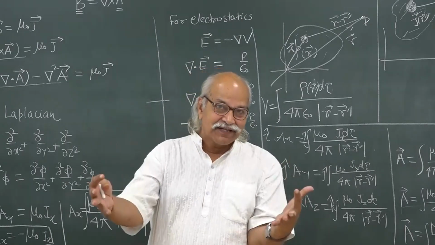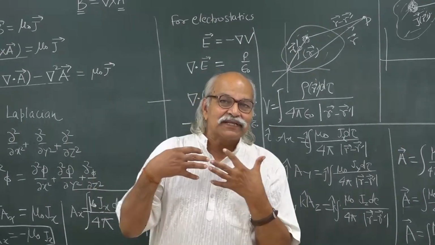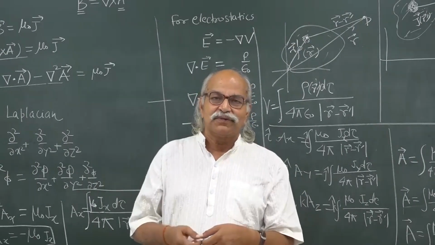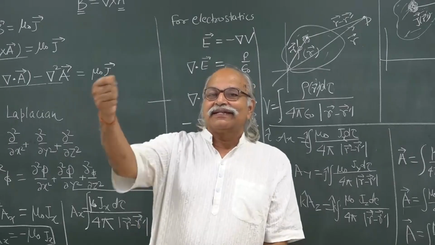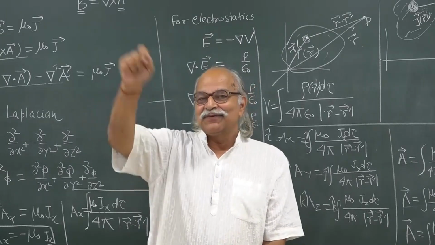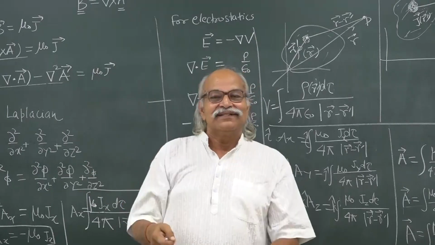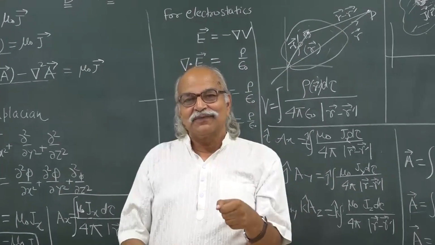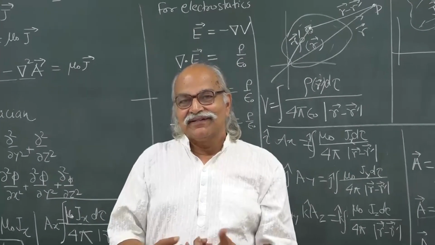That same function we will assume represents a charge distribution, and for that we will write the electric potential, and we will get some expression, and then 1 by epsilon naught will be replaced by mu naught.